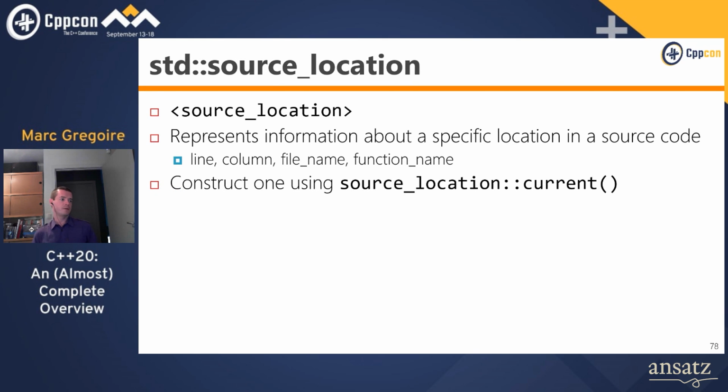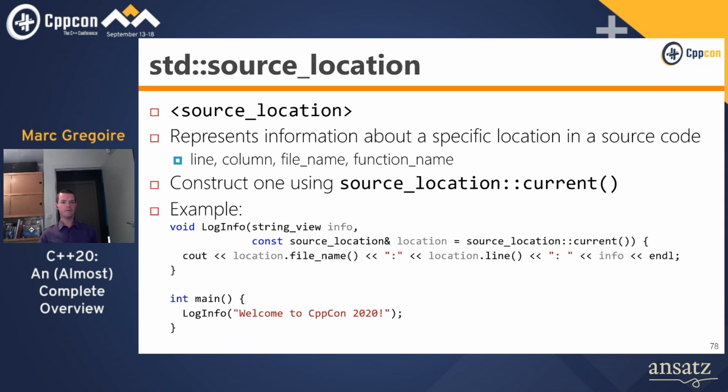Source location. Source location is defined in the source location header, and an instance of a source location basically gives you information of a specific line number in your code, column number, gives you the file name and a function name, and you can construct one using the static member current. And this is very useful for logging, for example. Here I have a function, log info. It logs some kind of string, and the second parameter is a source location, and it has a default value of current.